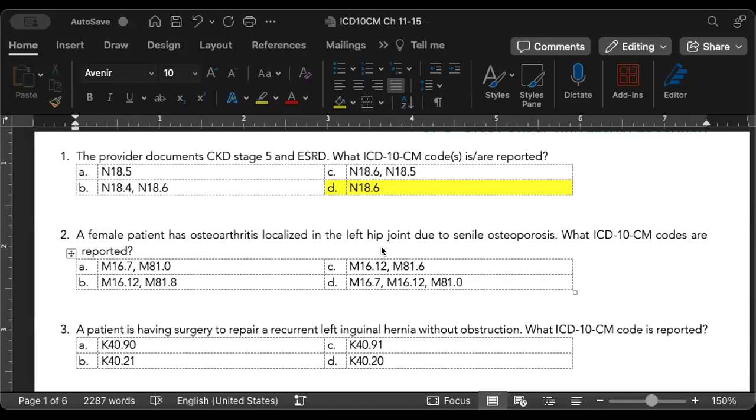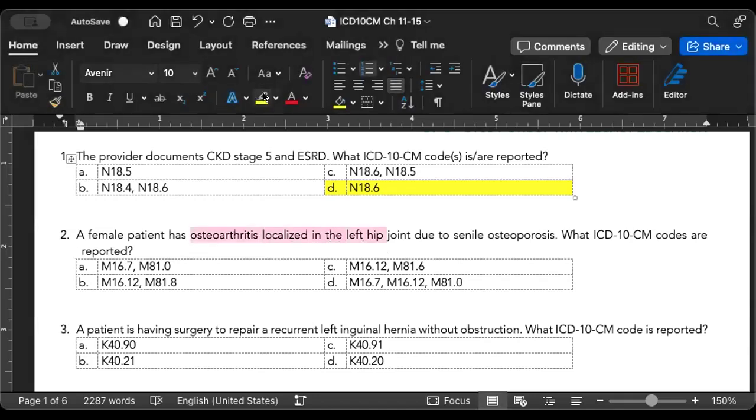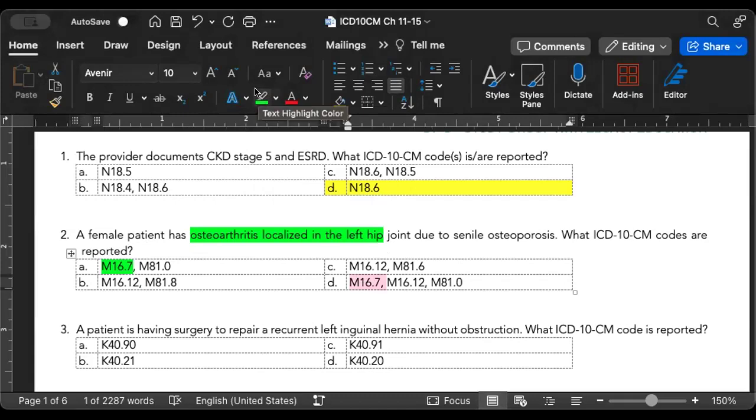But M16.7, which we should go back to the tabular and verify anyways, our osteoarthritis localized in the left hip is going to be M16.7. And then what else should we code?